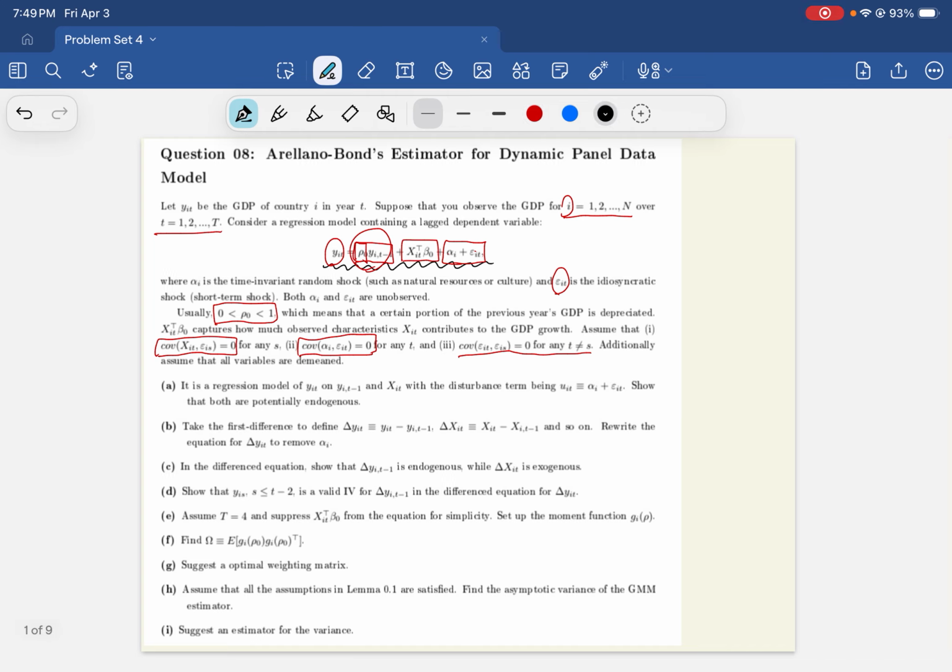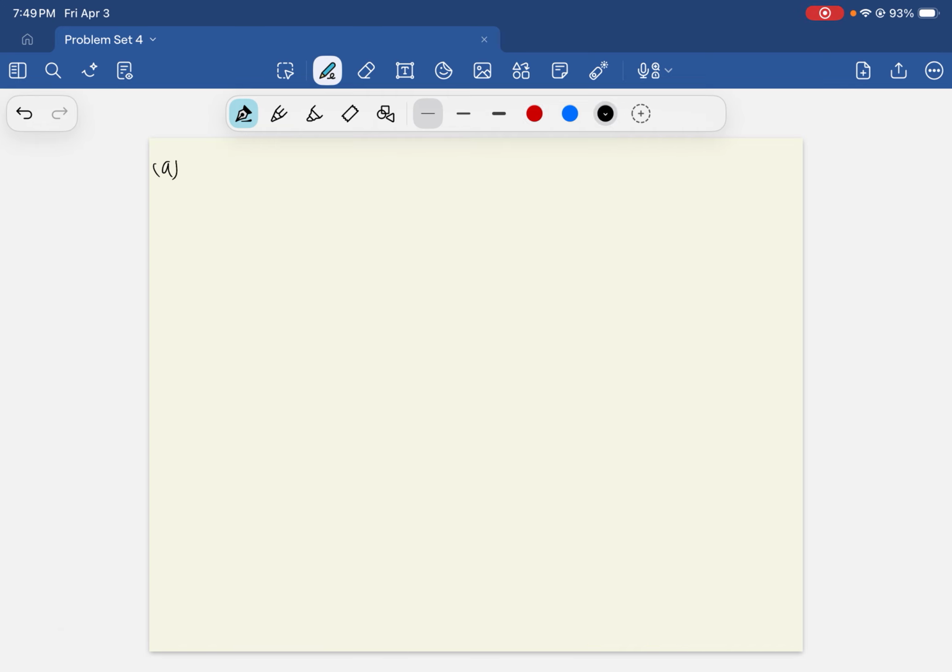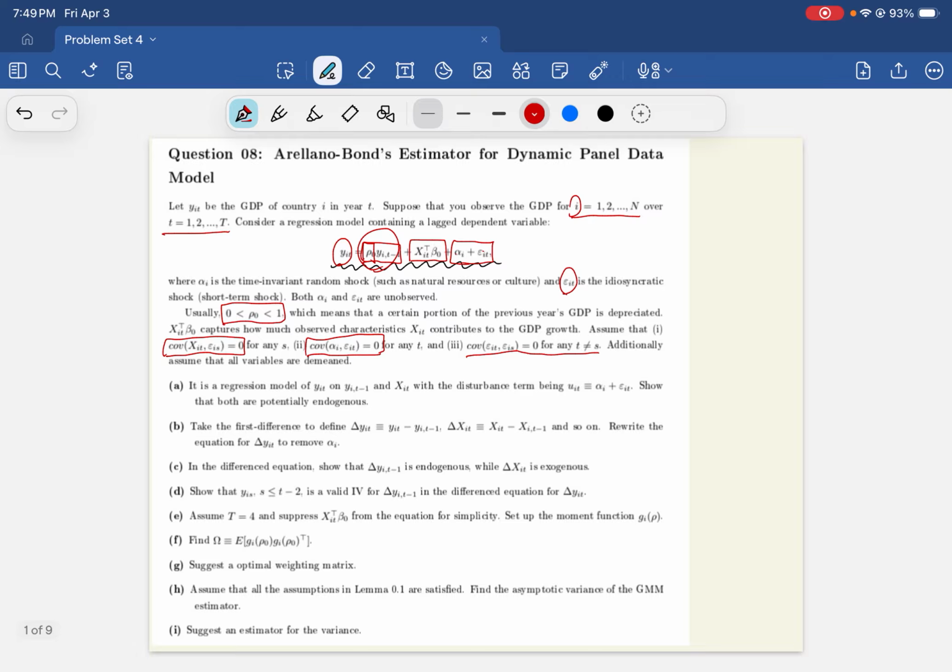Now let's think about the problem. One more thing that I should have said here. When I say covariance, it is basically an expectation. For example, when you think about the sample mean of x, when you have panel data x_it, you can think about three different ways to take an average.